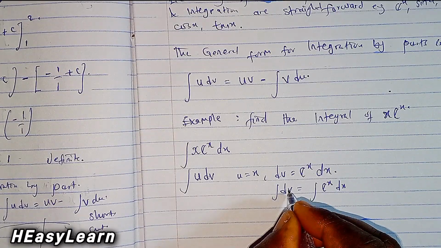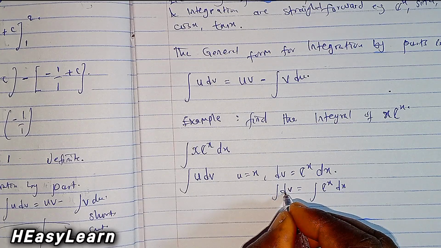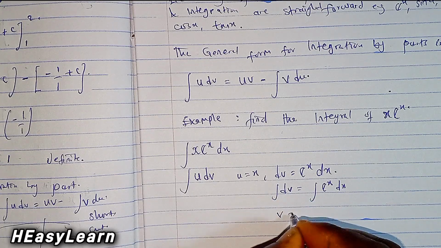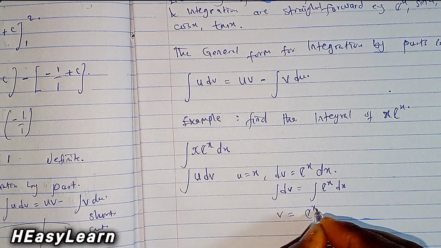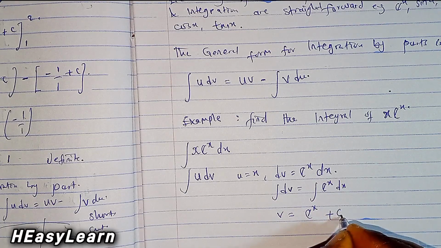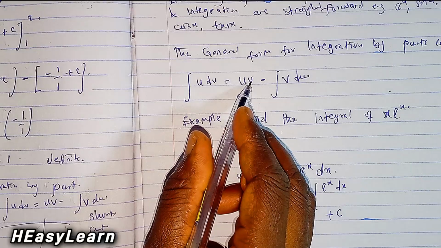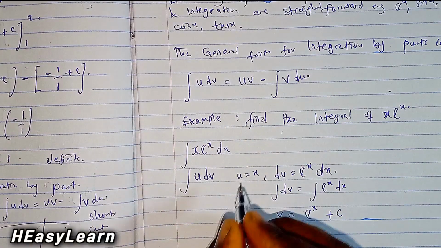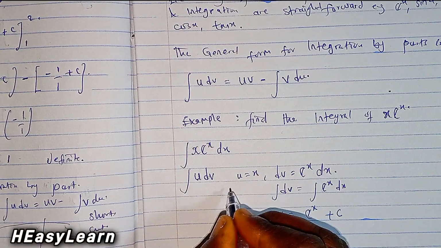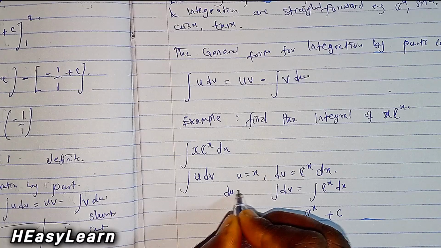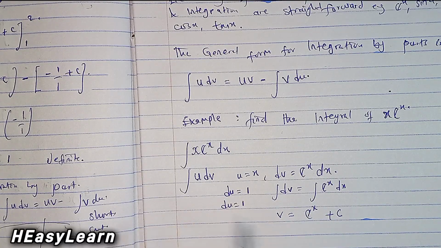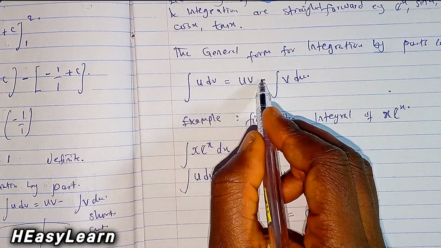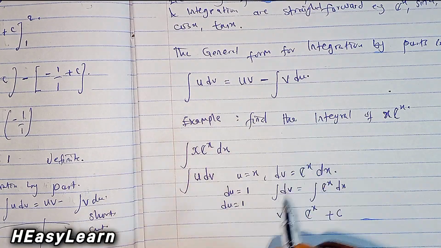What is the integral of this? v equals the integral of exponential x, which is exponential x plus c. We have v. What is du? We have u equals x, differentiate u, equals 1. Everything we need for the right hand side is here.